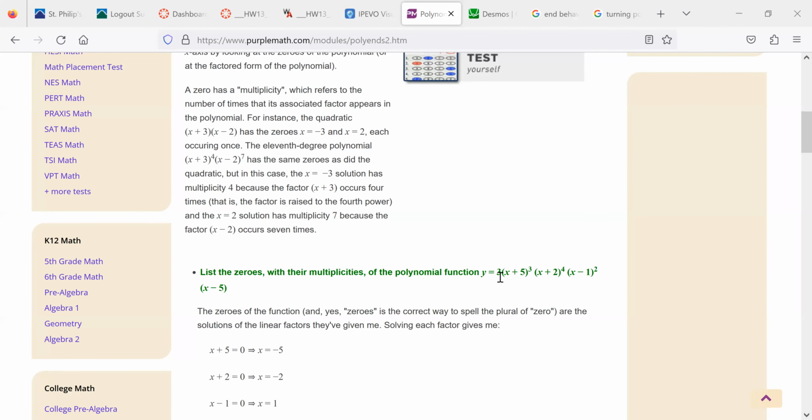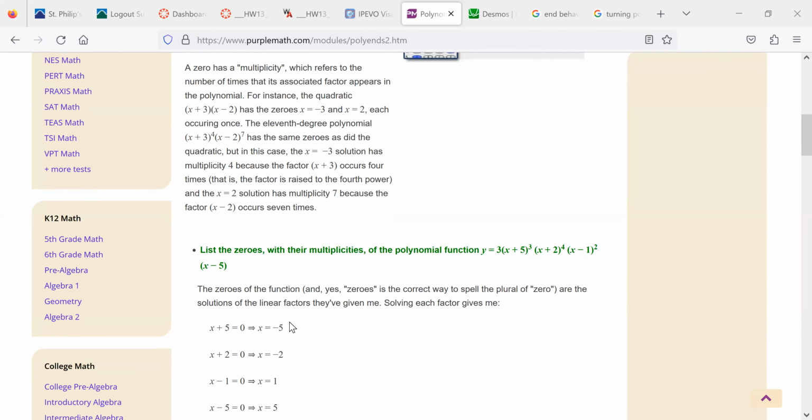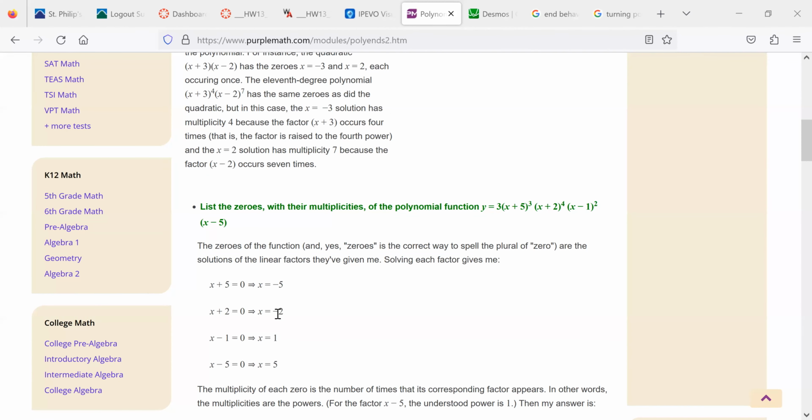So if your polynomial is in the factored form like this, you already factored it, everything's said and done, right? Each of these zeros has a different multiplicity. Once you set it to 0 and solve it, you'll have zeros for -5, -2, right? -5 makes the first one 0, -2 makes the second 0, 1 makes the third, 5 makes the next.